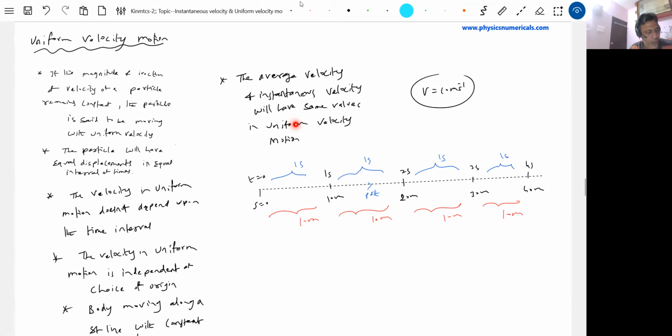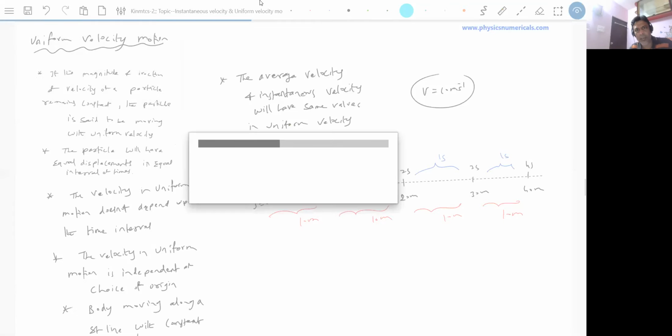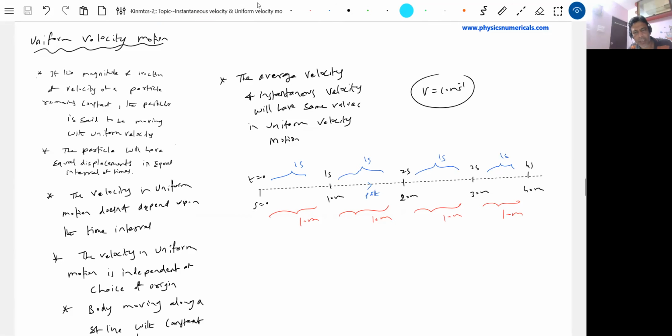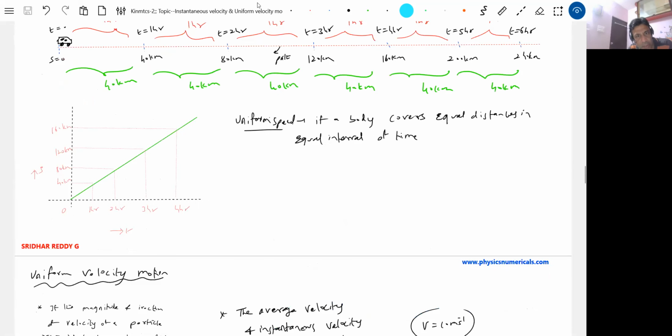We already discussed instant velocity and average velocity in the previous class. Here I'm trying to correlate with instant velocity. So uniform velocity motion is something very important. We are going to discuss the numericals based on this uniform velocity motion. Till now, I just gave the theoretical ideas of uniform velocity, instant velocity, average velocity, then uniform velocity motion.